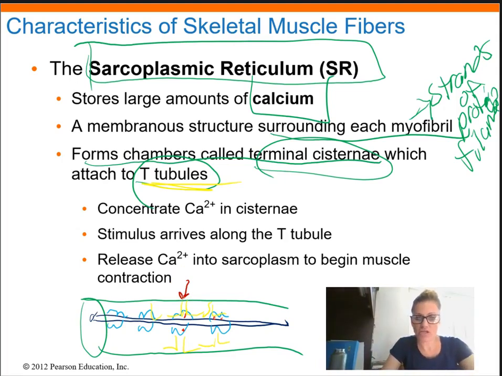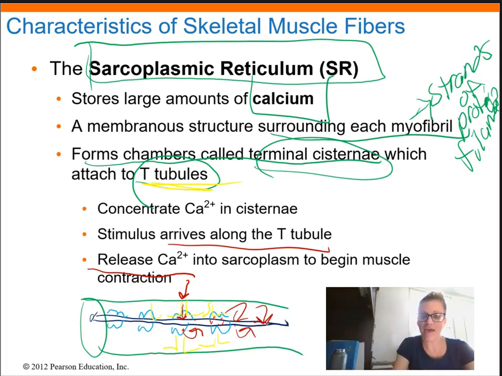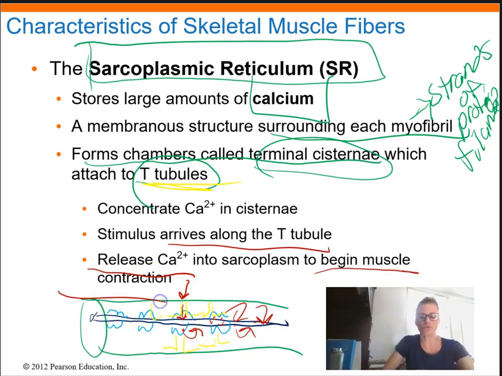That electricity travels along the T-tubules and it gets to the sarcoplasmic reticulum. When it gets to the sarcoplasmic reticulum, it tells it to dump its calcium. So all the calcium gets dumped out and it floods this myofibril. So there ends up being calcium all over this myofibril. And that calcium allows muscle contraction to occur.